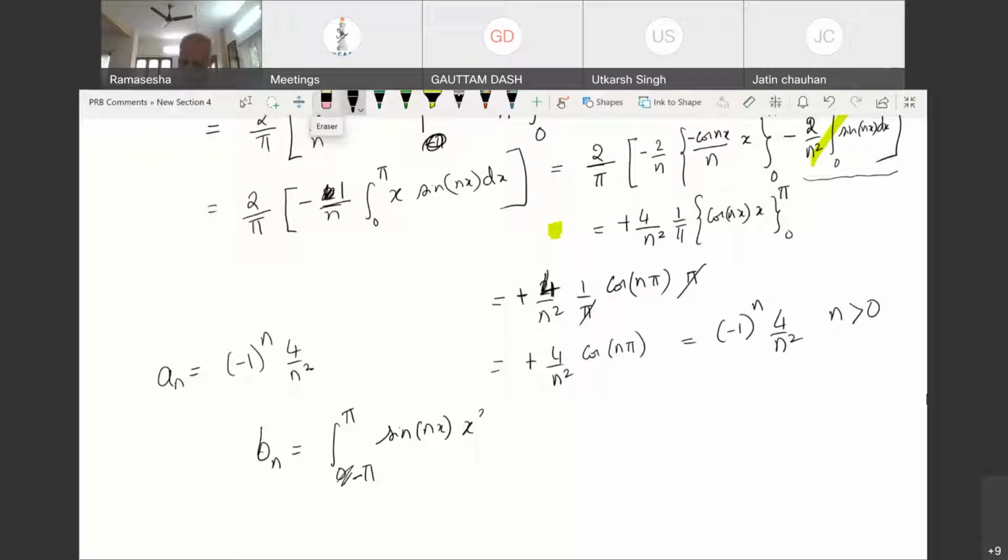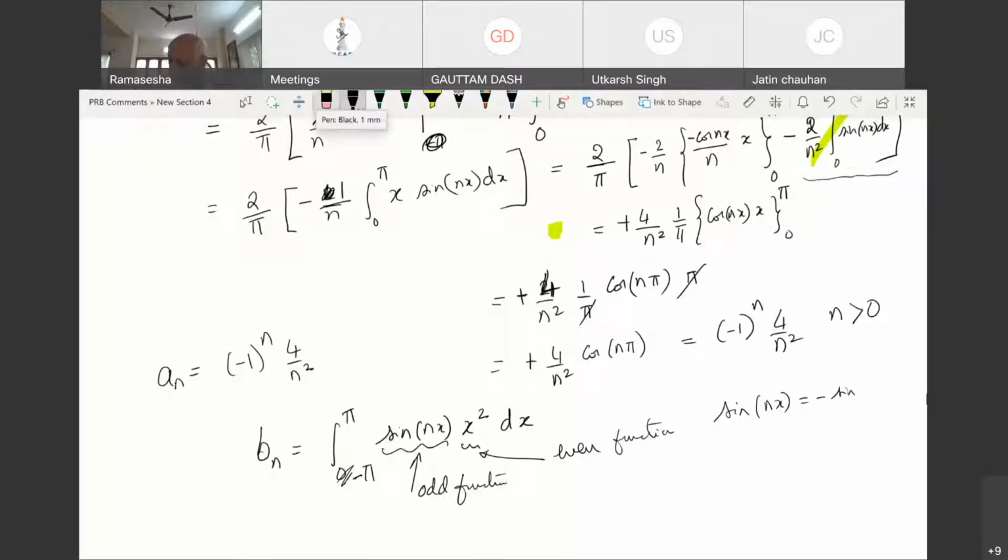Now, what is the nature of the function x squared? It is an even function. And what is sin nx? If you change the argument from x to minus x, sin nx changes sign, right? So this is an odd function, because sin nx is equal to minus of sin of minus nx. Because of that, b_n is equal to 0.